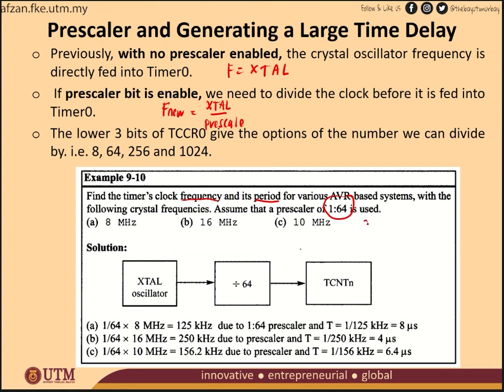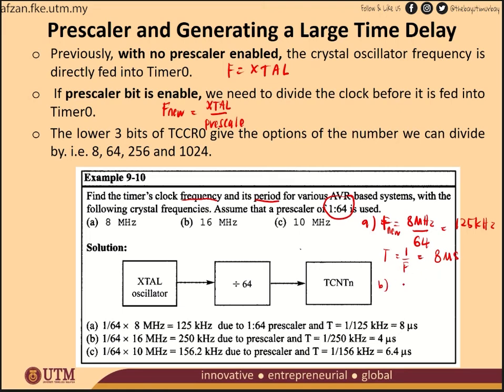For A, f equals, what is your current XTAL? 8 MHz. You need to divide by your prescale. What is your prescale? 64. Then you get 125 kilohertz. From here, T equals 1 over F, so 1 divided by 125 kilohertz gives you 8 microseconds.